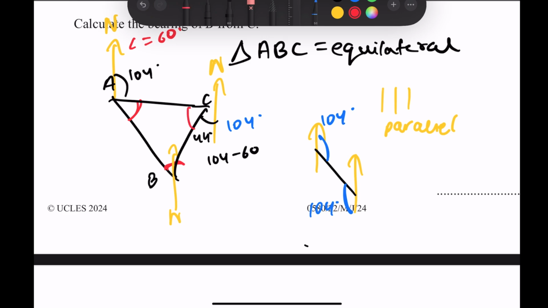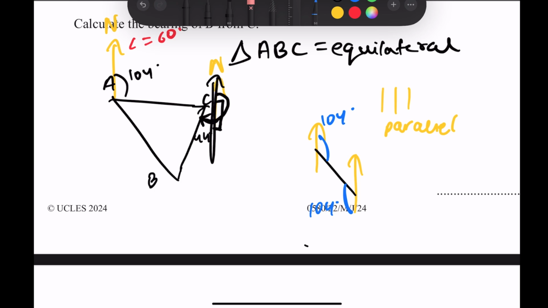So the bearing of B from C would be equal to, let me just erase some stuff for clarity's sake. Since B from C is equal to this angle over here, and this is a straight line because the north is a straight line, the bearing of B from C would be 180 plus angle NCB.